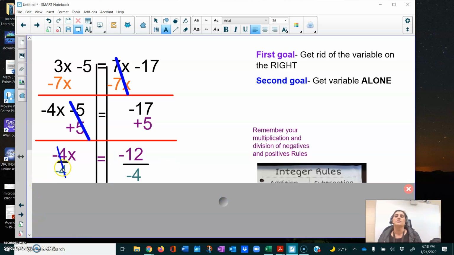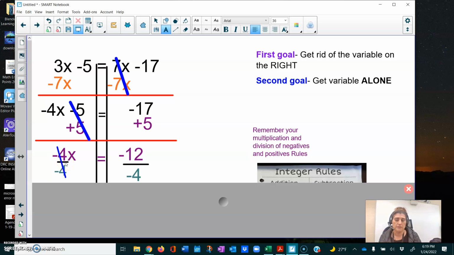Right now, this negative 4x is being multiplied. I know that the inverse of multiplication is division. Whenever there is no operation between the number and the variable, or a number and a parenthesis, it always means multiplication. Always. No questions.